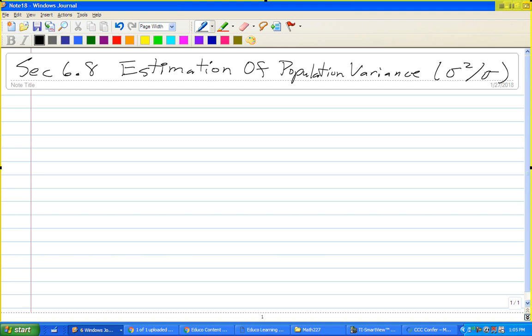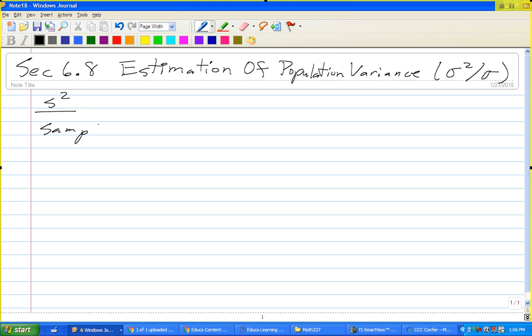Okay, so let's look at the sampling distribution of sample variances.